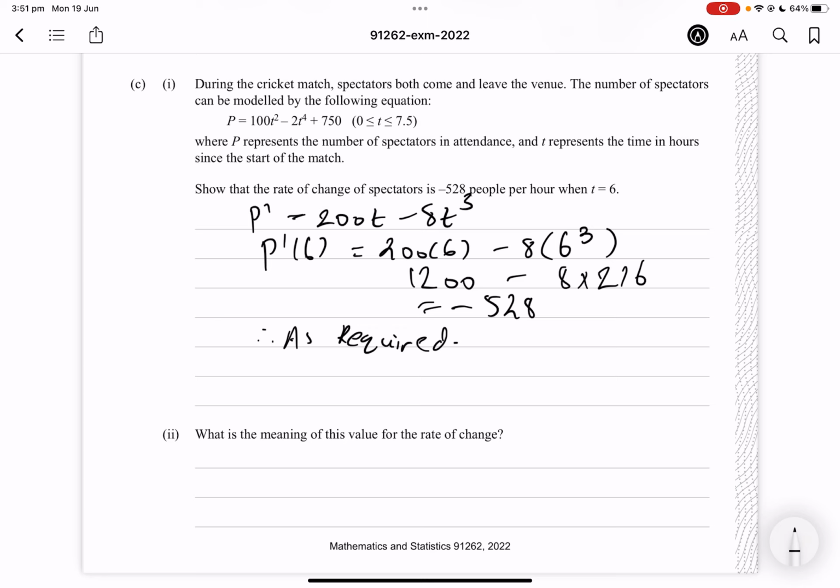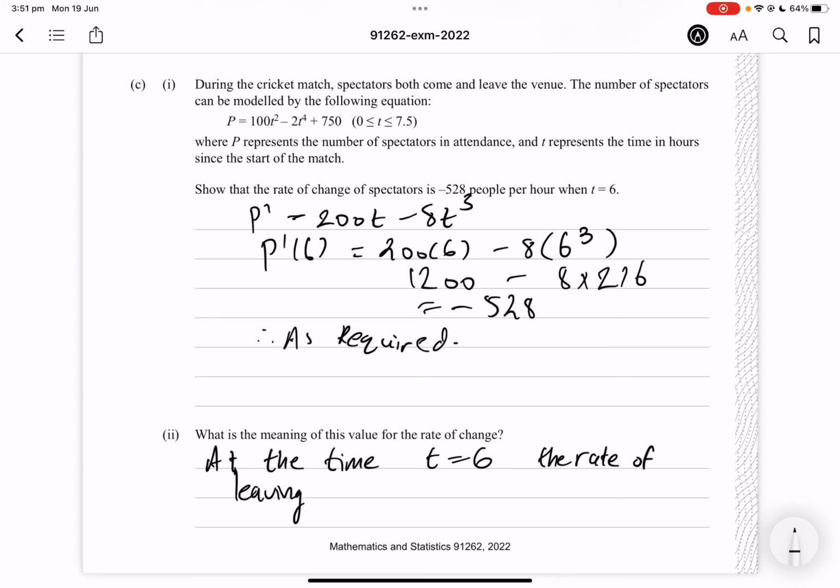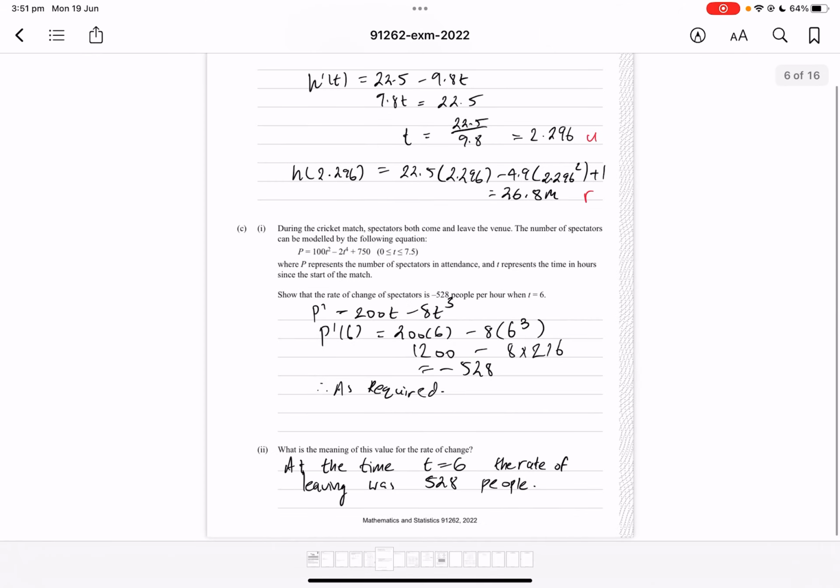So we're just going to say at the time t equals 6, the rate of leaving was 528 people per hour. That should be enough for that question.